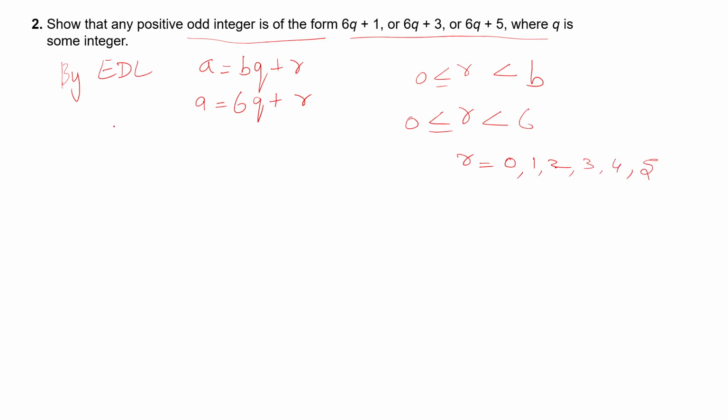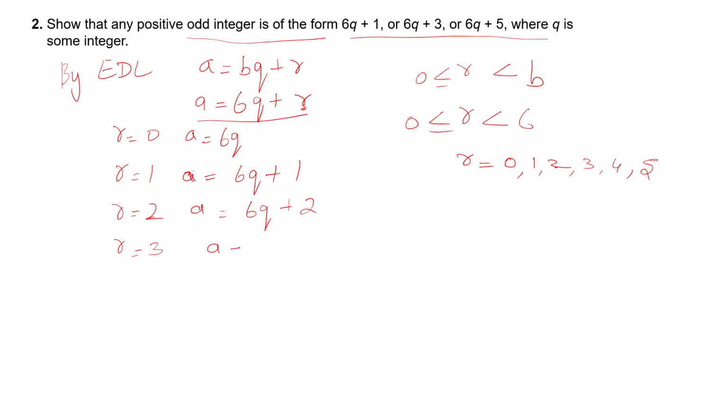Yes. Now R is equal to 0 means what will be the value of A? 6q. I am substituting R is equal to 0 here. R is equal to 1 means this becomes 6q plus 1. R is equal to 2, 6q plus 2. Don't ask, I am teaching you third standard questions, because this becomes that easy for you.